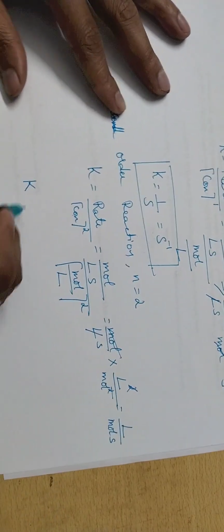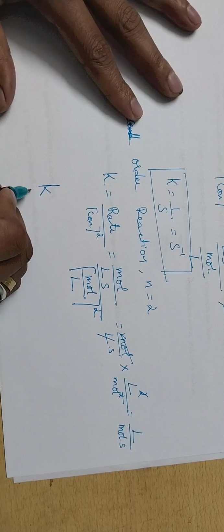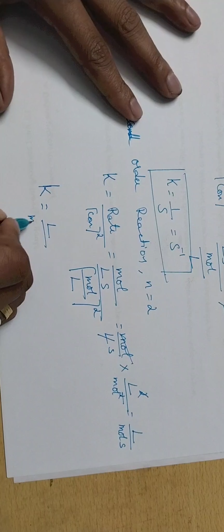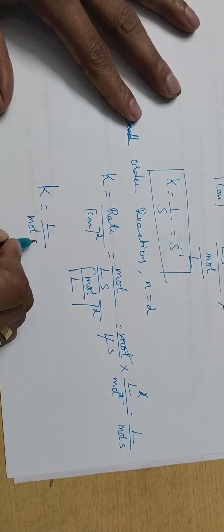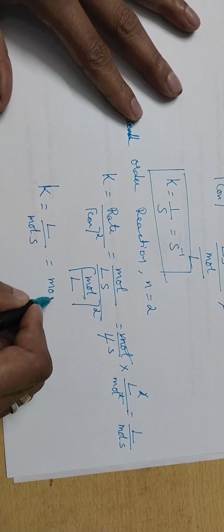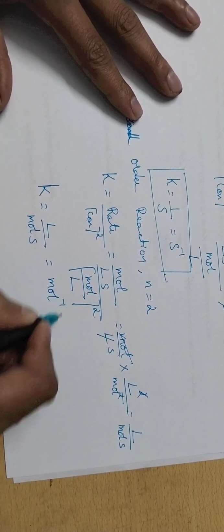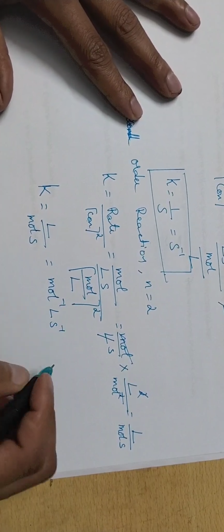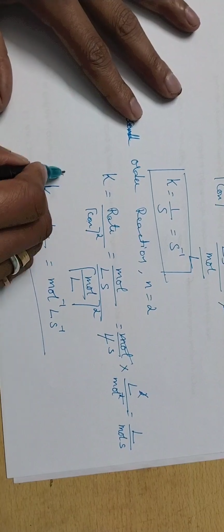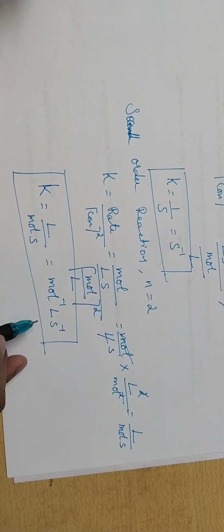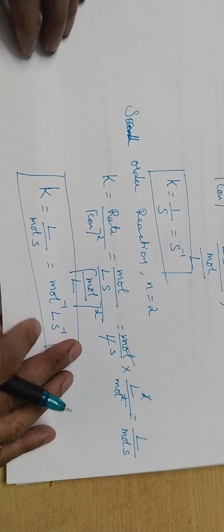So the unit of rate constant k is liter per mole second. In books you'll find it written as mole to the power minus 1 liter second to the power minus 1.